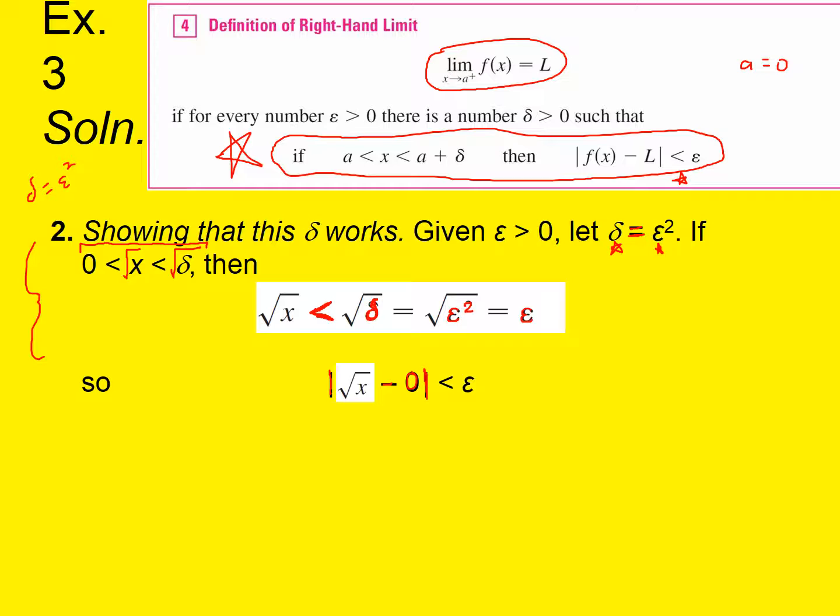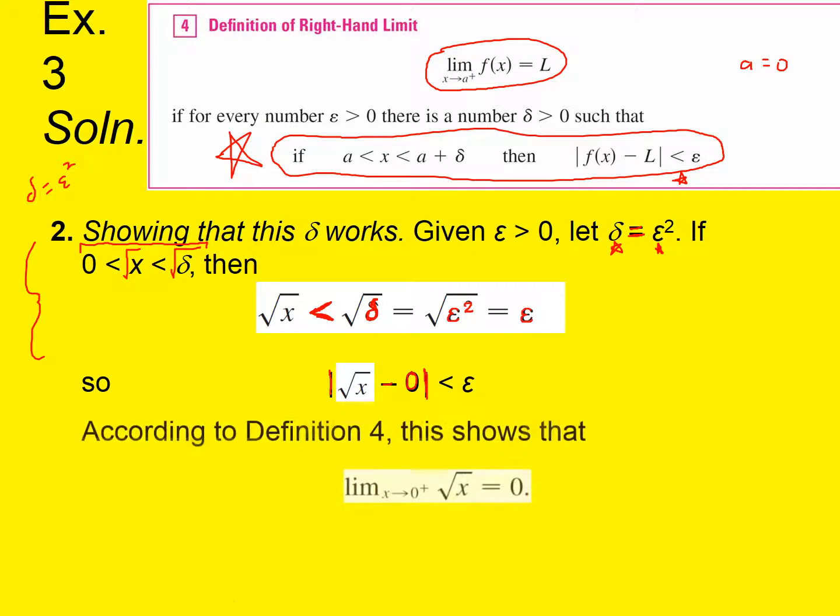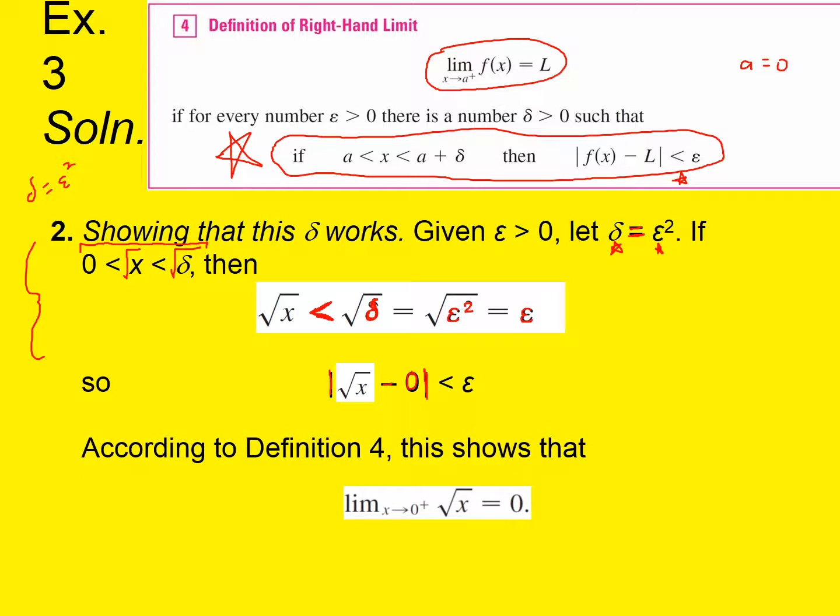That's less than epsilon, and so now we have the then clause of the if-then. And that therefore proves that we do have this limit. We now have proven that the limit as x approaches 0 from the right of the square root of x equals 0.